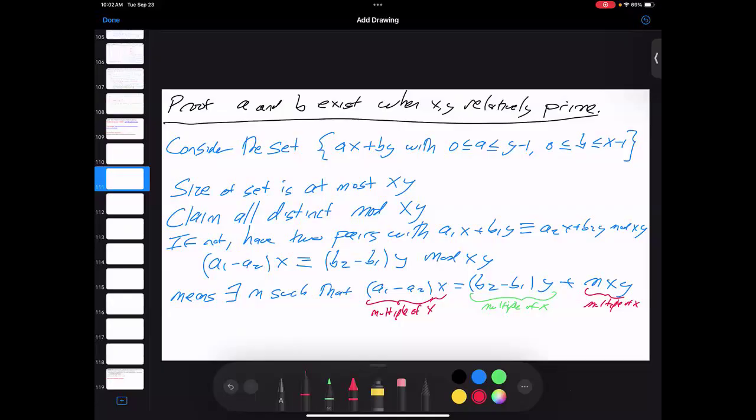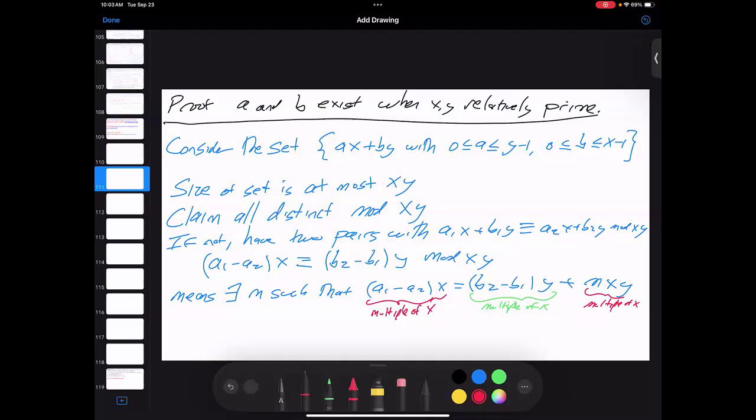Similarly, I know y divides mxy, so y has to divide (a1 minus a2) times x. So everything I'm doing for x, I can do in a moment for y. So we know that (b2 minus b1) times y is a multiple of x.